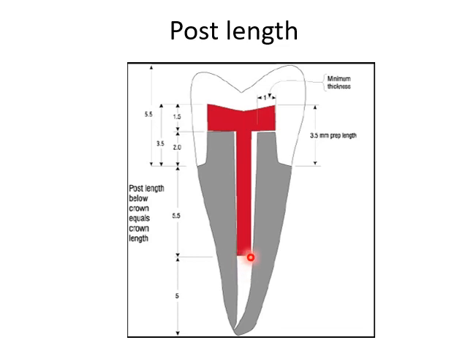The post length preferably to be equal to the crown length, and we have to get good ferrule effect by keeping supragingival tooth structure of 2 mm in height and with minimally 1 mm thickness.